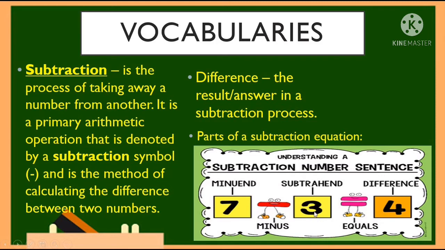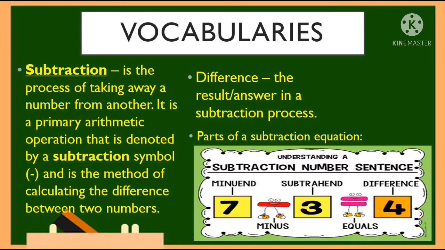And then the lesser number, or the second number, we call the subtrahend. Subtrahend. And then the symbol is equals, and the answer is what we call the difference. Minuend minus subtrahend equals difference. Alright, those are the vocabularies.